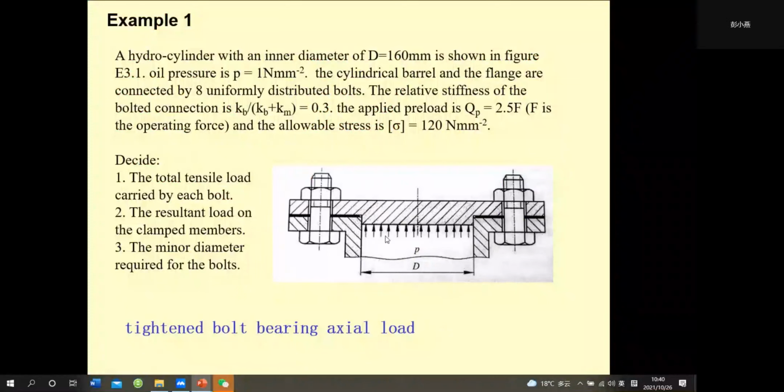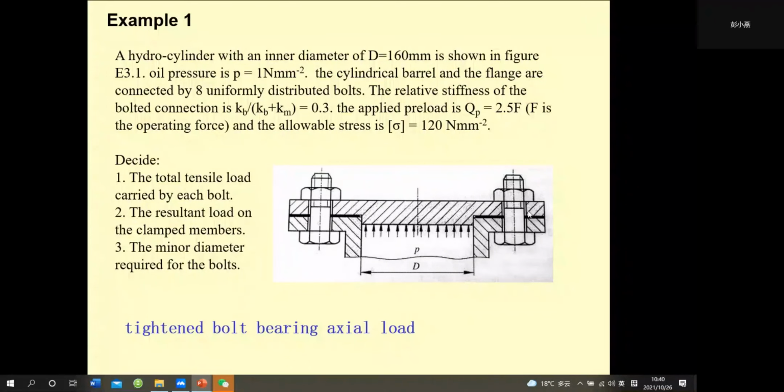In this example, there is a hydraulic cylinder with an inner diameter D of 160 millimeters. The oil pressure P is 1, and the cylindrical barrel and the flange are connected by 8 uniformly distributed bolts.